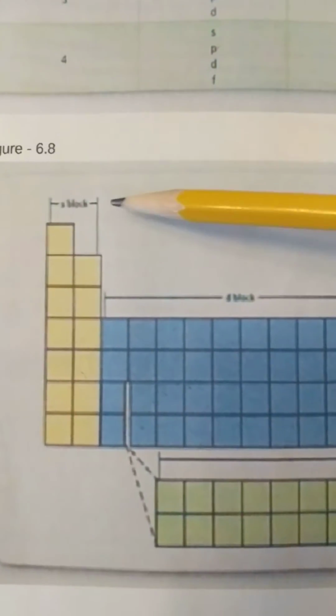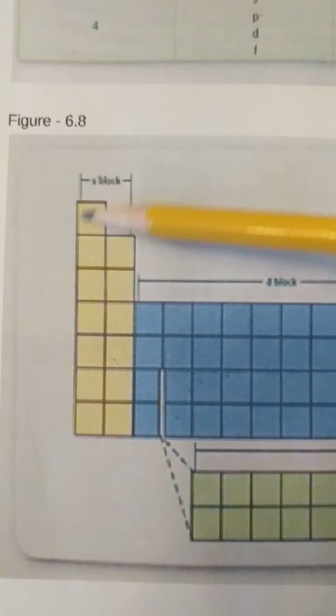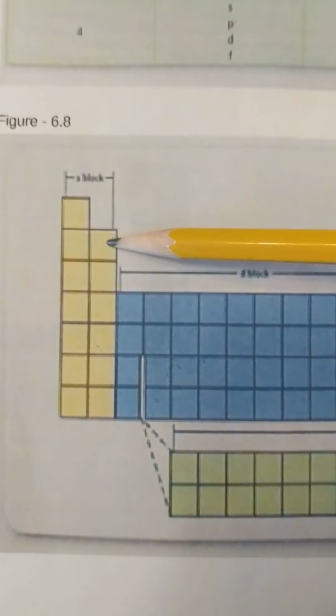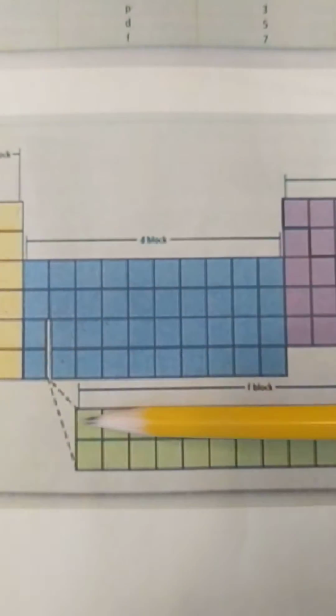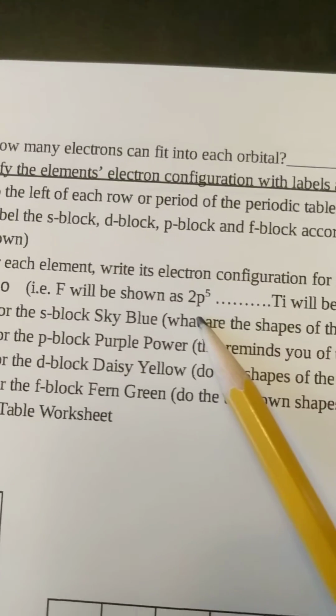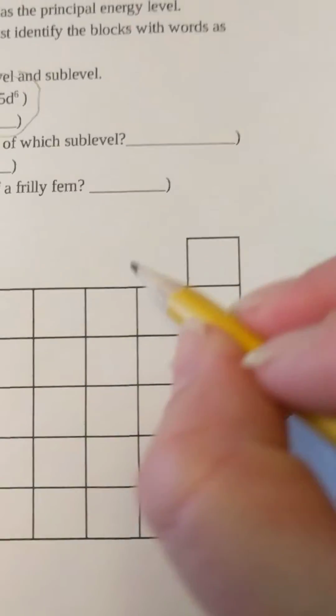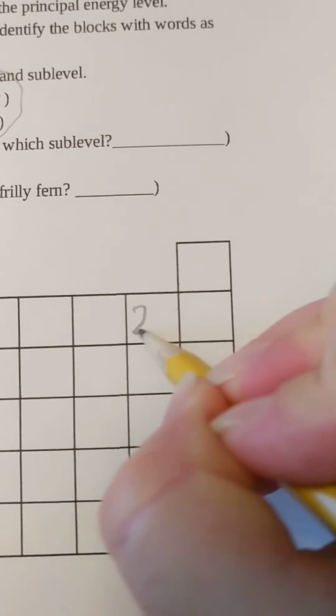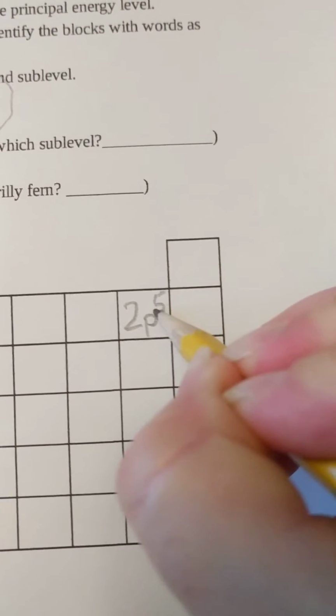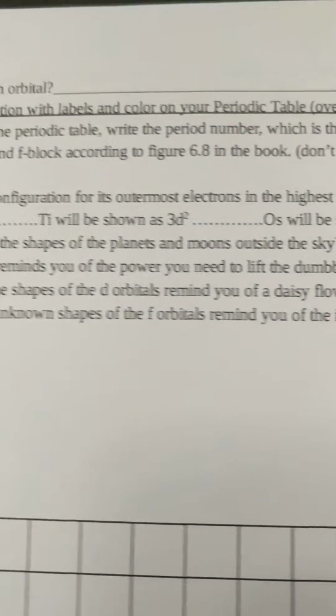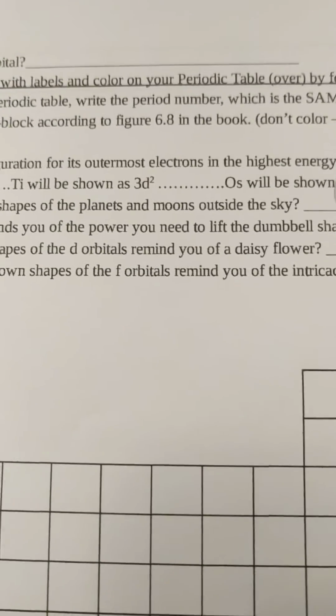You should start to see a pattern with everything that's here having an S in it, everything here having a D, everything here F, and everything here P. So for example, they tell you fluorine 2p5, and this is supposed to give you a hint to the pattern. Fluorine is right here, so you're going to write 2p5, okay? And then when you do the rest of them, you're supposed to try to figure out what the pattern is.